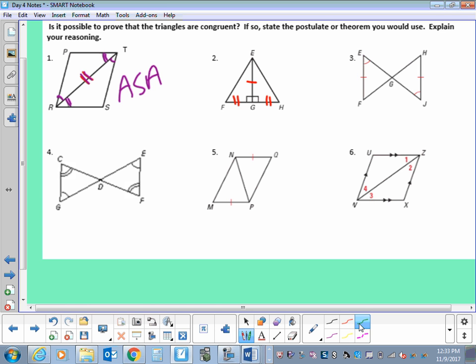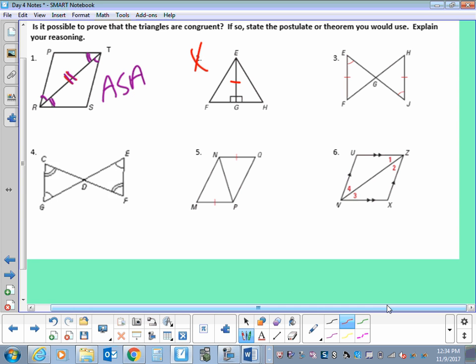Because technically we don't have enough information, I just made that up. Well, that technically works. Let's give number 2. We don't need it.